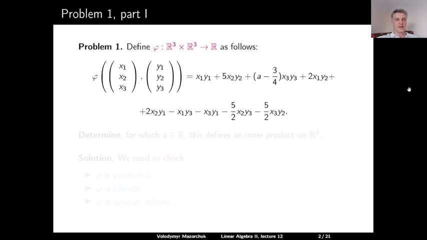Problem 1. Define a map phi from R3 times R3 to R as follows.